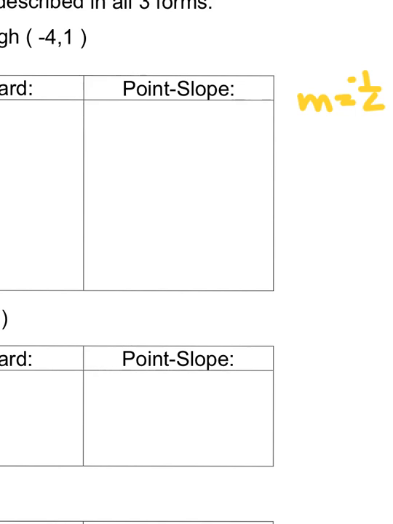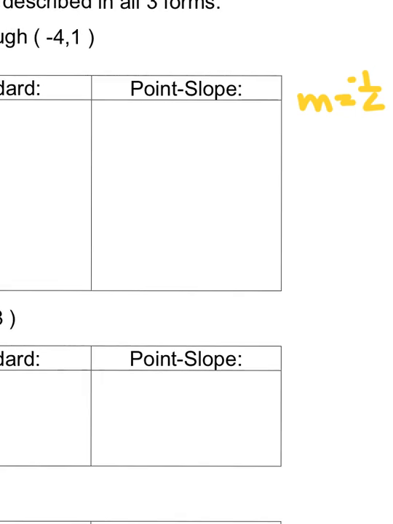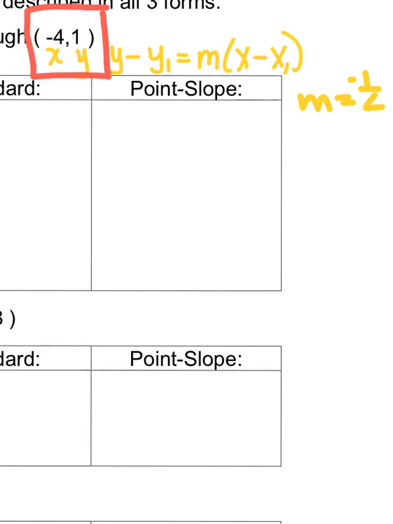So if the slope is -1/2 and the point is (-4, 1), then we'll begin with point-slope form, where we have y minus y1 equals the slope times the quantity x minus x1. So remember, this is our point, (-4, 1).